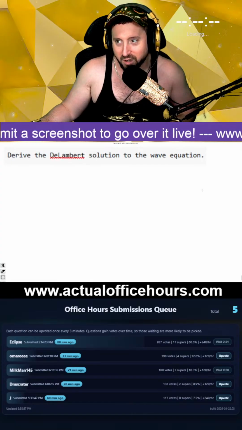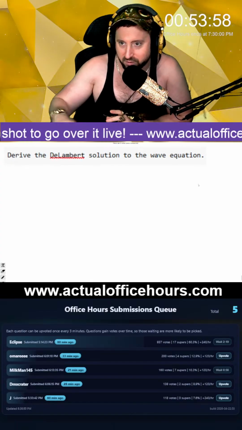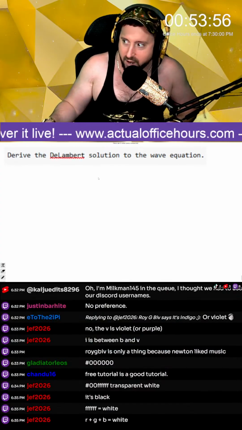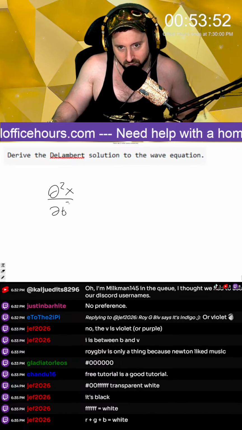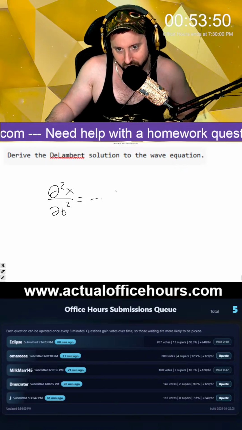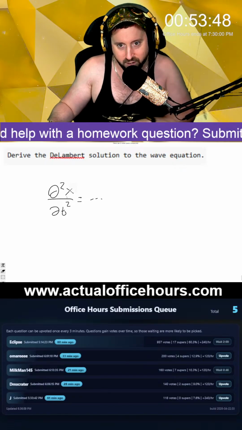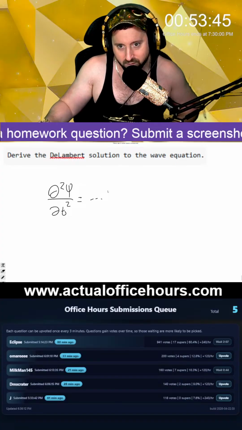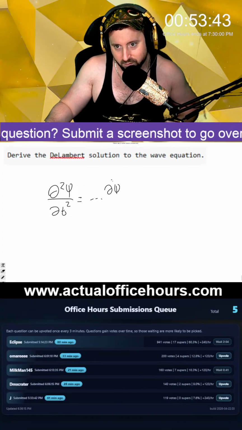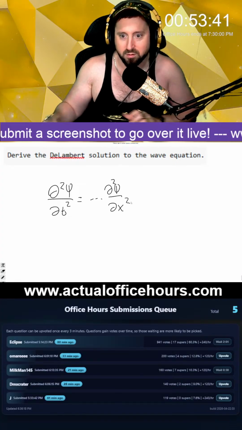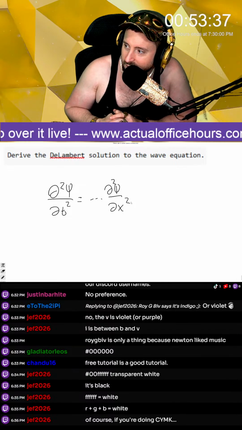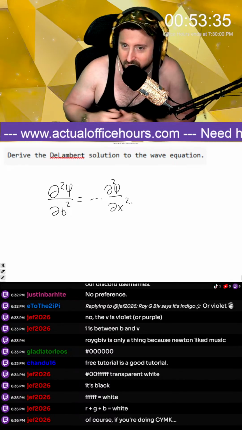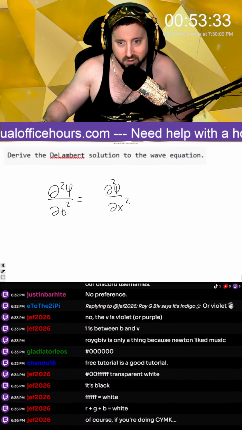Okay, let's do this so we can help some other people out. Derive the D'Alembert solution to the wave equation. I think the wave equation is this. Minus, there's a c squared on the x term.